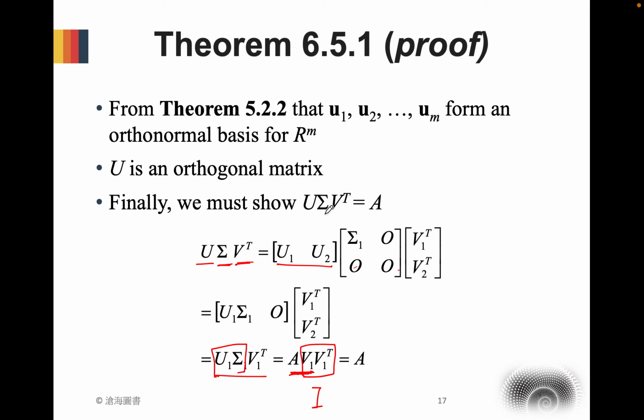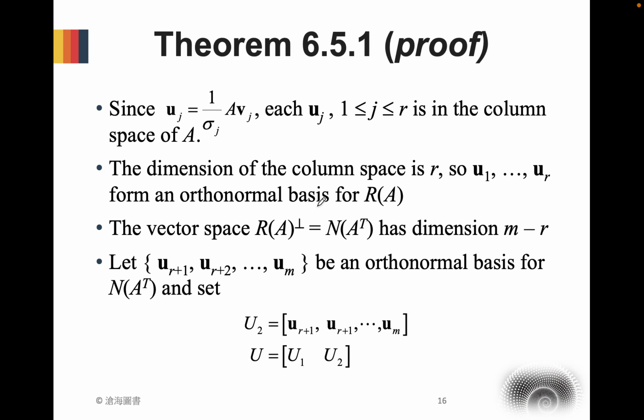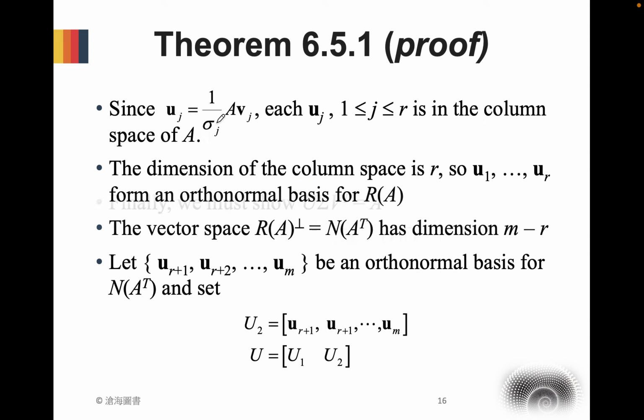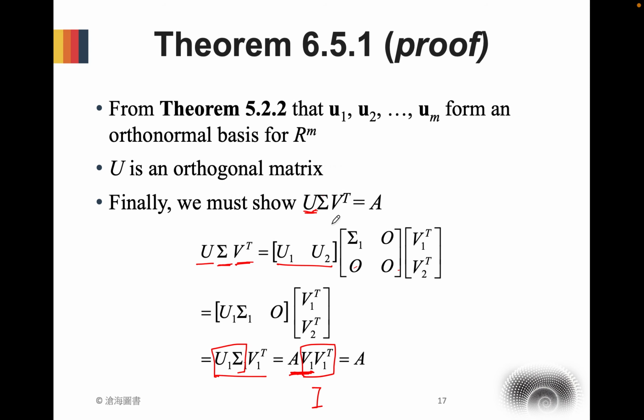Sigma is the collection of singular values of the matrix A. No, the singular values of the matrix A transpose A. Sorry. What is U? U is the collection of AVJ divided by sigma J. Okay, and all of them, U, sigma, V, can be separated into smaller parts.